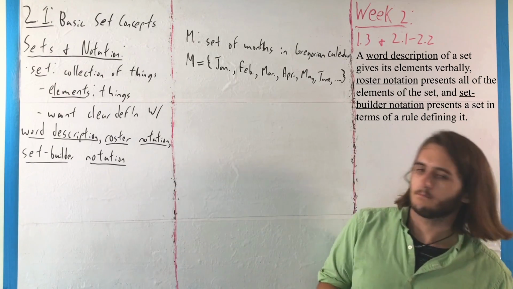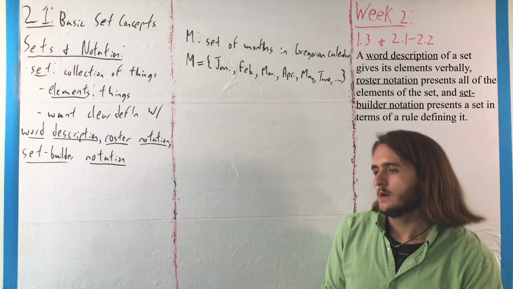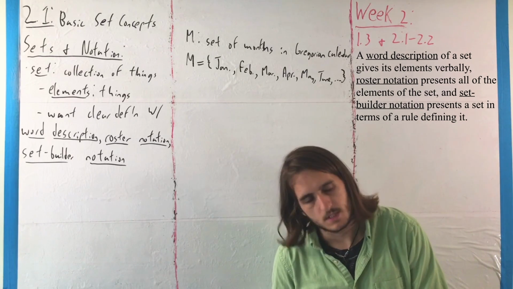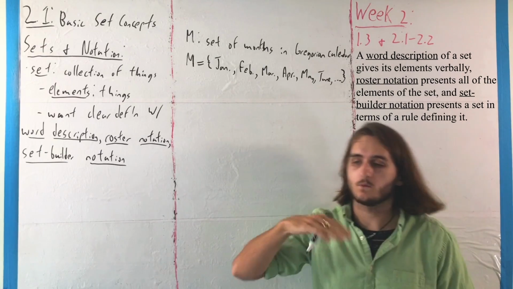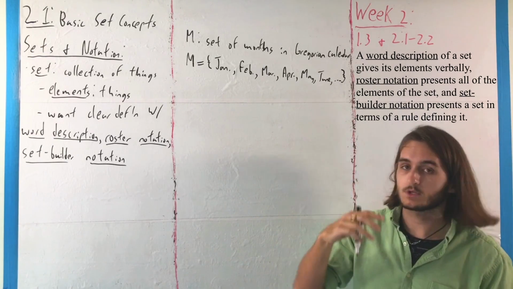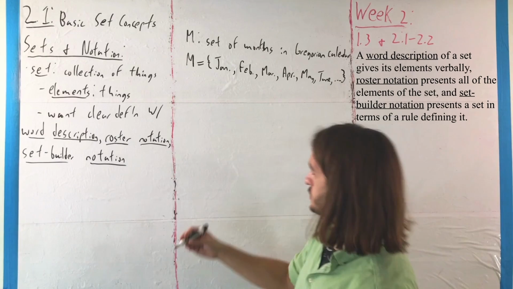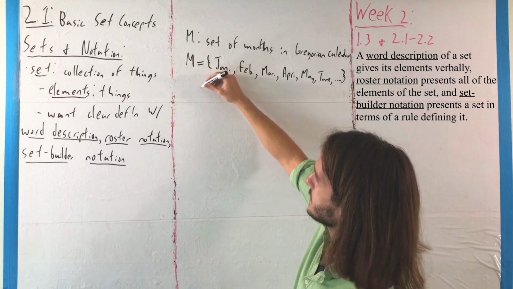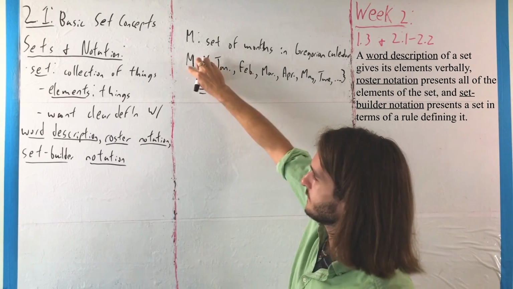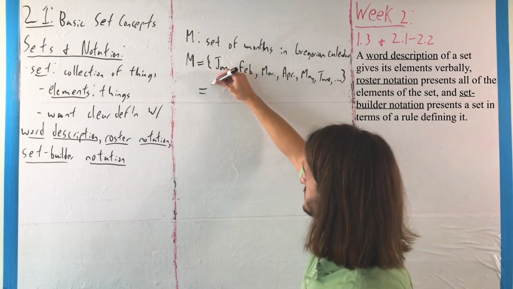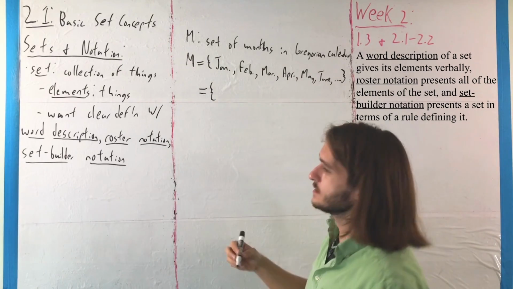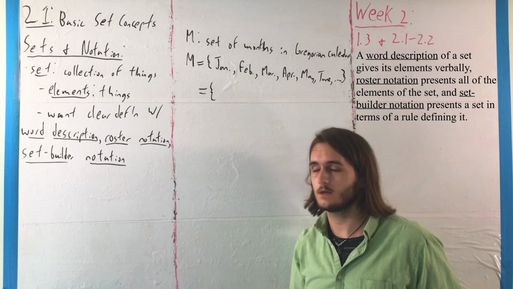So our third bit here is maybe not the one that you'll see the most, but it is the one that's most natural for this. And if you go far with math, if you work with a lot of math, it's the one you'll probably get the most often, which is set builder notation, where it's set up in very much the same way as roster notation. You say your set of things M, that's the name there, is equal to something inside of a curly brace. Remember, curly braces here are telling us we're doing set flavored things.